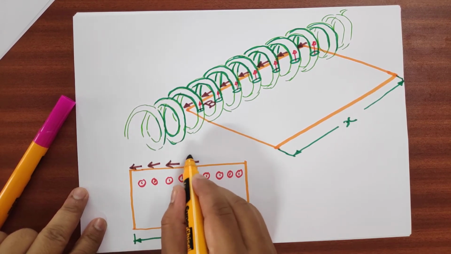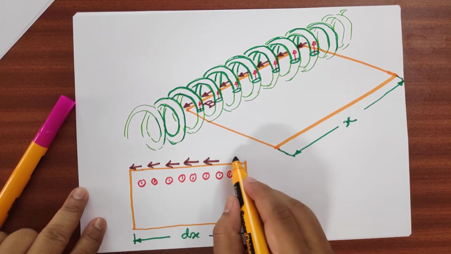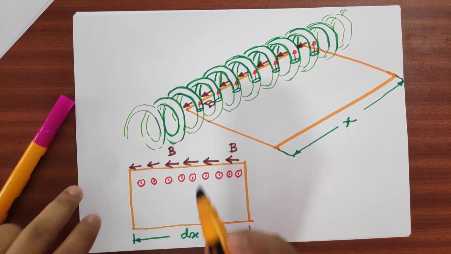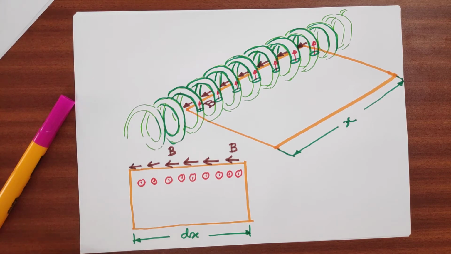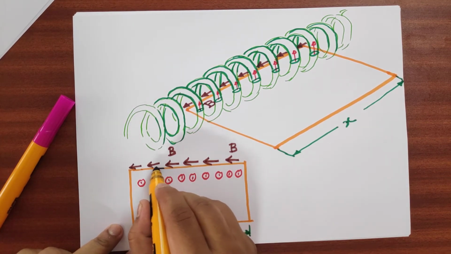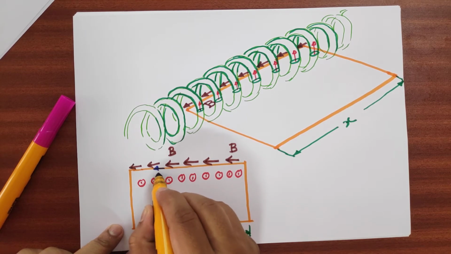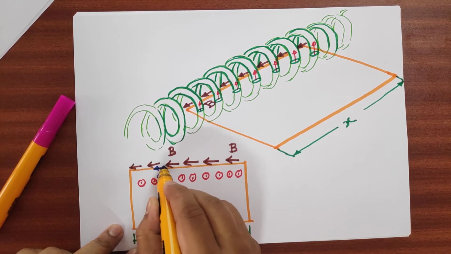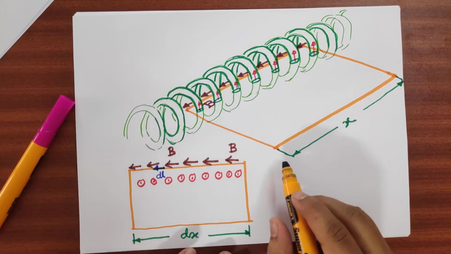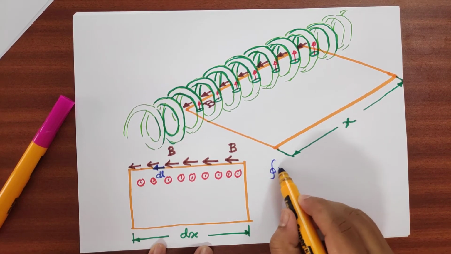Almost you can take it as constant because it's a long solenoid, and in a substantial region inside it you can treat it as constant. So that's B, and let's make a little dl here. There are no fields here, so we will apply Ampere's law.